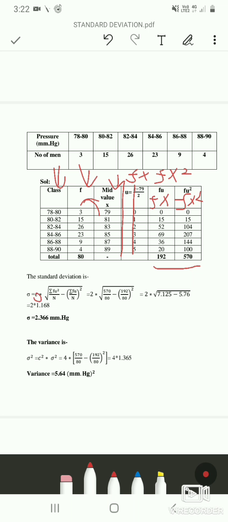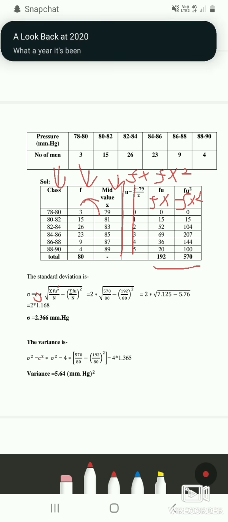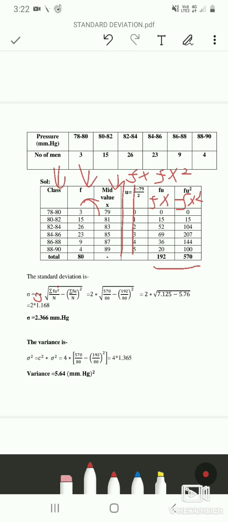So in that case the formula would be square root of summation fx square divided by capital N, minus summation fx divided by capital N whole square. So instead of u there will be x, and then substitute all the values, so you'll get the same answer. So here you can see the values of x are 79, 81.